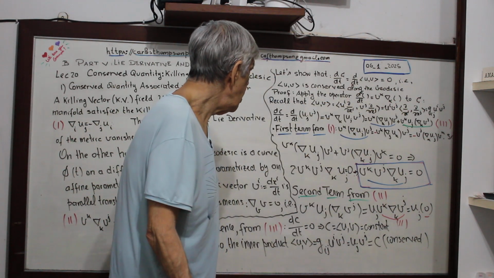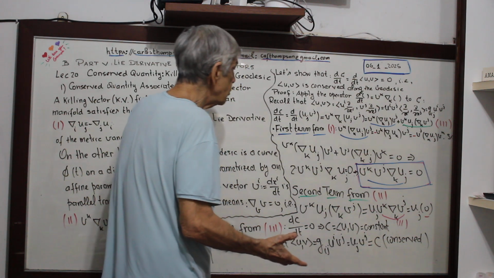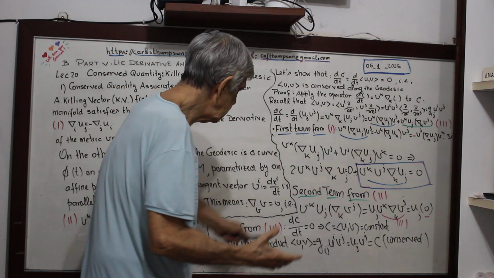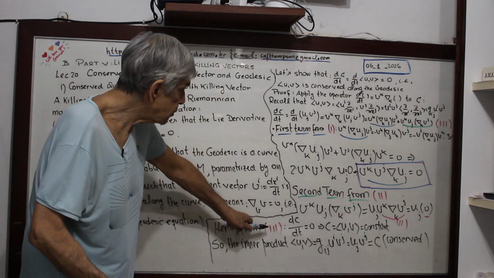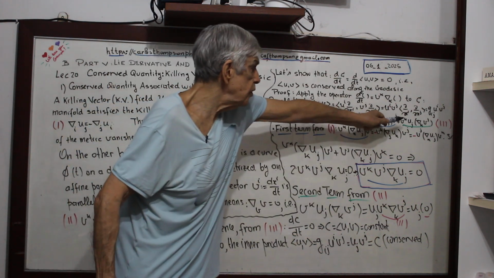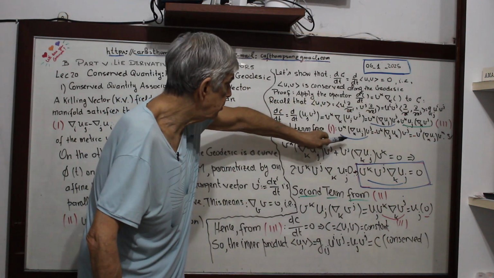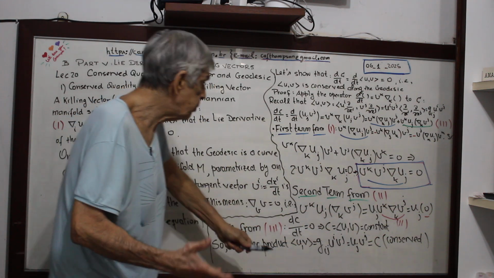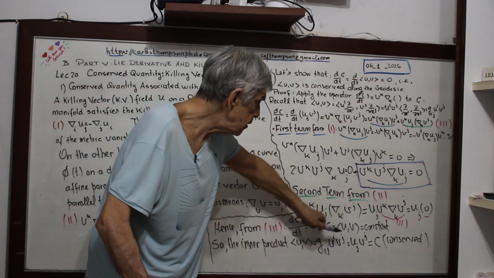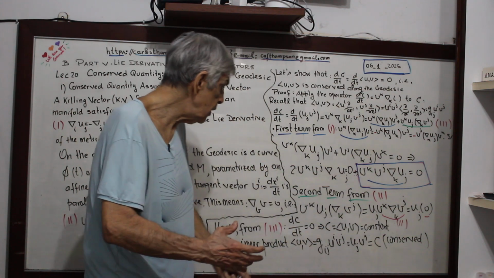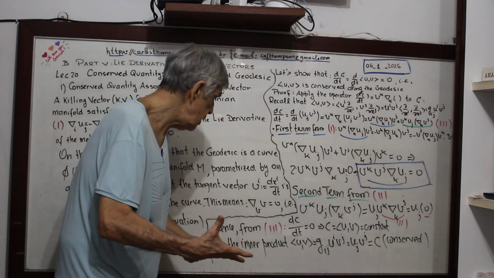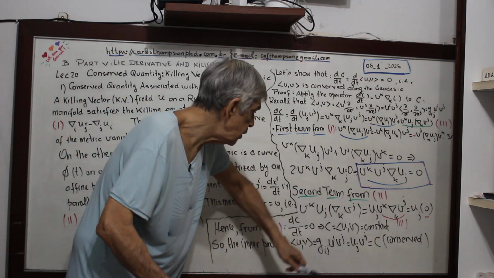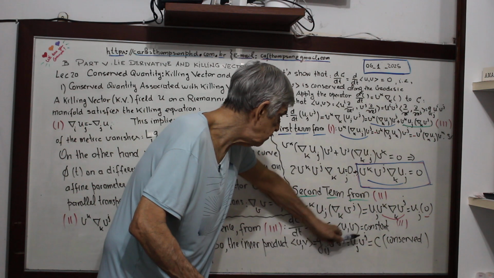So now we obtain this important result that dC/dt is equal to 0, from relation 3. I just substitute the blue into the green one, then I see that this is 0, which implies that C, the inner product, is constant. The inner product is Gij Ui Vj, which is Uj Vi.